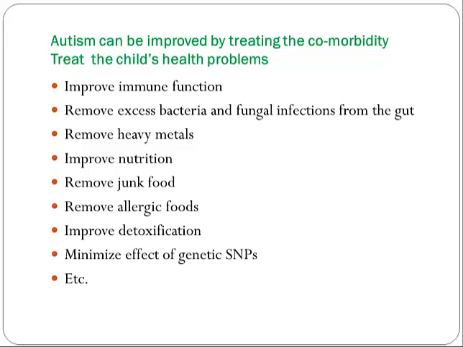And we can do this by nutrition. For example, the MTHFR 677 enzyme makes L-methylfolate, which is active folate. And if that enzyme is impaired, all we have to do is supply active folate to negate the effect of that genetic SNP.